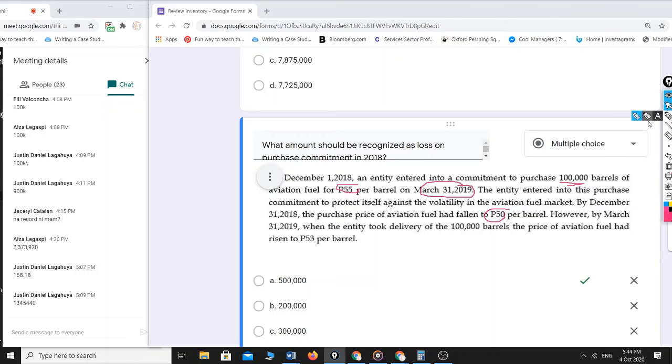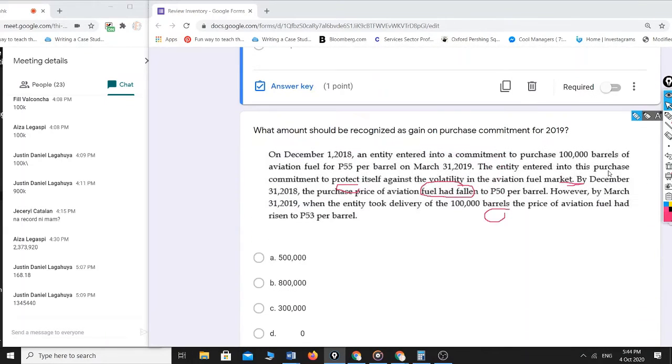Next item, which is still connected with the problem: how much is the gain? Okay? Was there a gain in 2019? So, let's compare the agreed price to the market price as of 2019. Our agreed price is 55, while the market price is 53.